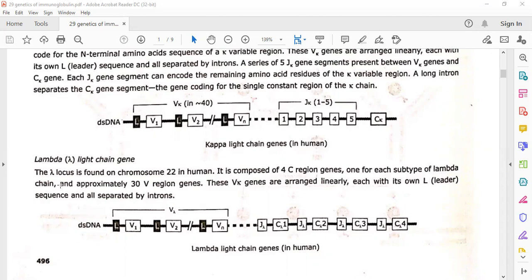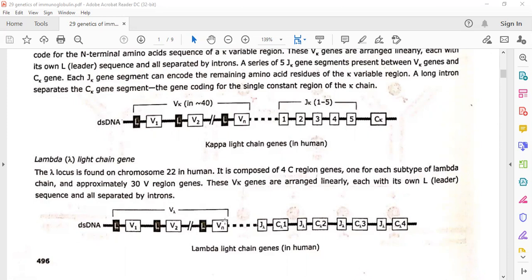In the lambda chain, the lambda locus is found on chromosome number 22 in humans. And there are 4 constant region genes, and approximately 30 variable genes. Only 30 variable genes are there.